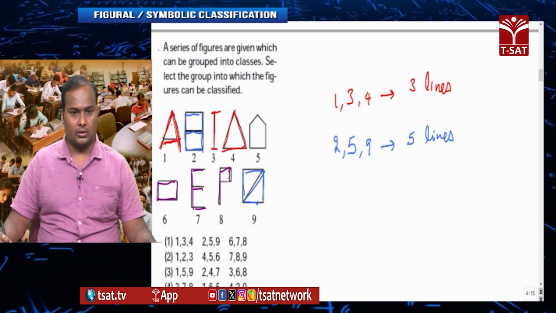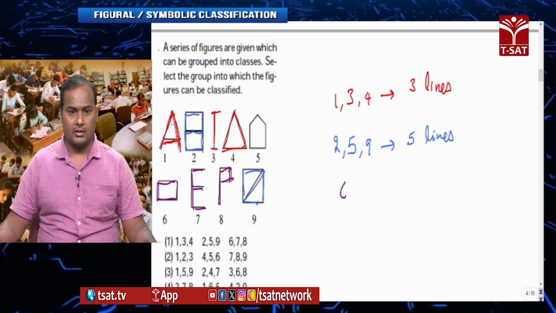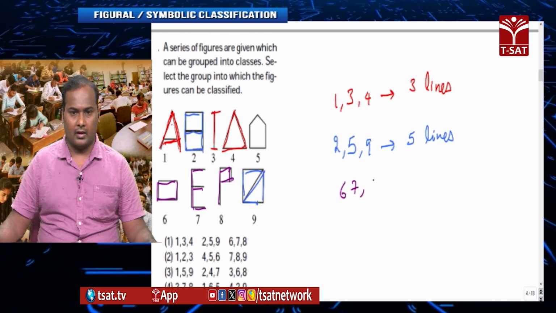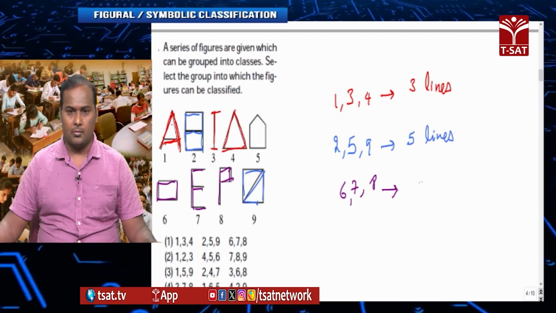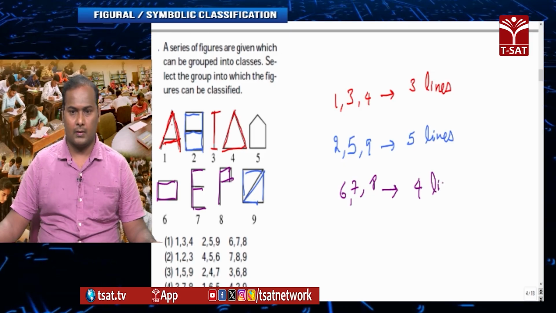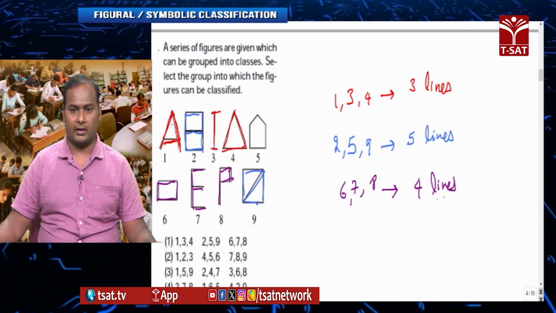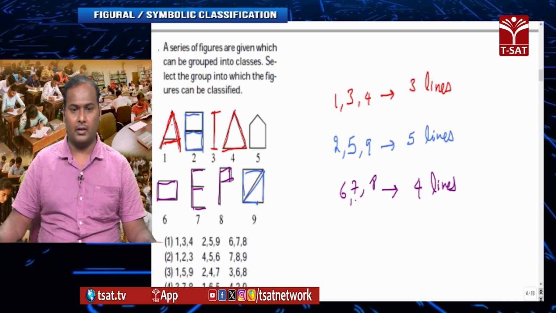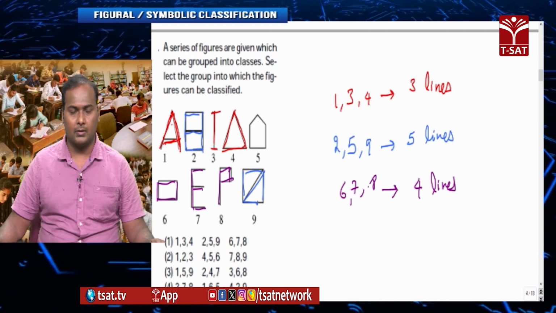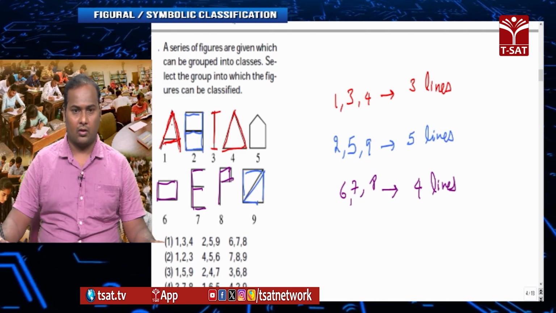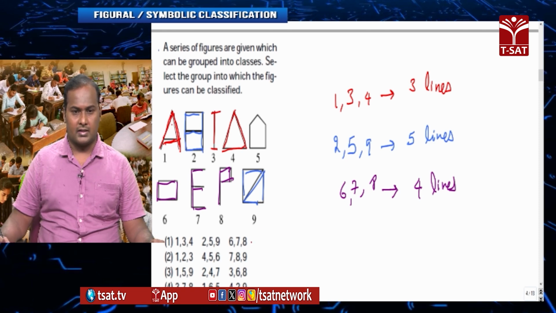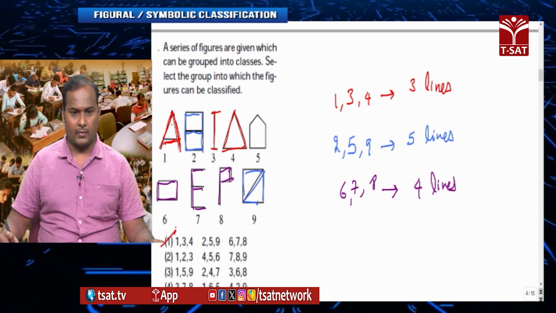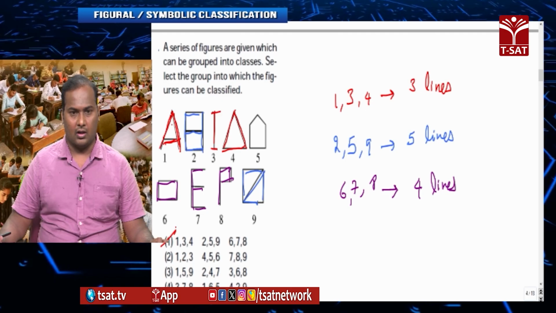So obviously 6, 7 and 8, all these 3, will form a group based on 4 lines. Now check the options where it is 1, 3, 4, 2, 5, 9 and 6, 7, 8. So option 1 is the answer.